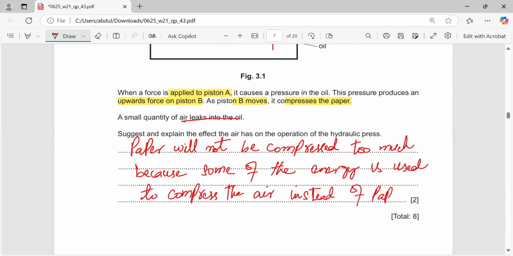So you can say it affects the efficiency of the hydraulic press. I mean the air which leaks into the oil.